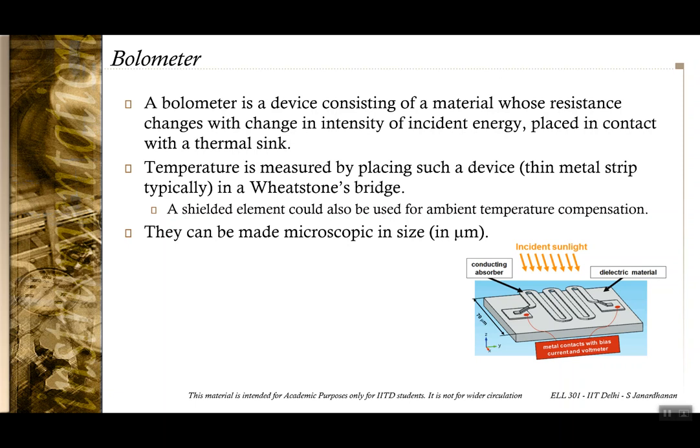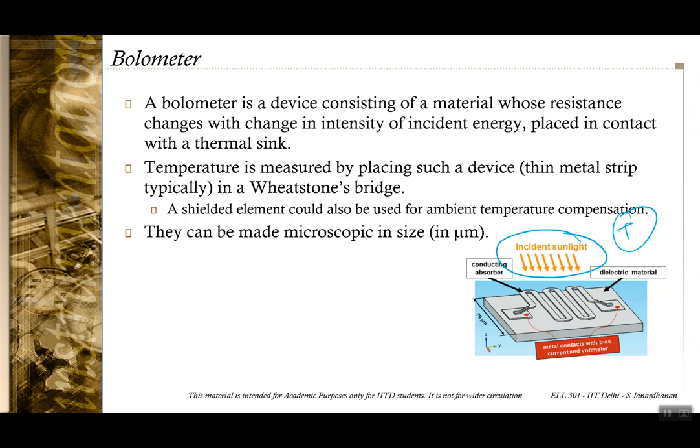And since the incident radiation energy is again indicative of the temperature of that hot body, the bolometer can be directly used to measure temperature by connecting it as one of the arms of the Wheatstone bridge, or using a dummy bolometer at the other arm for ambient temperature compensation also.